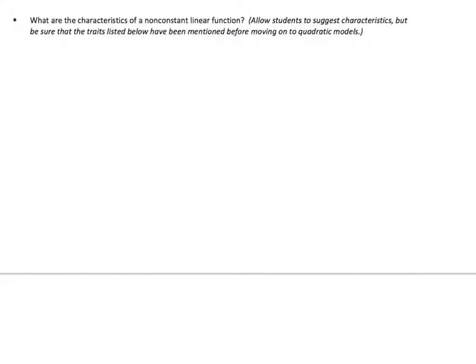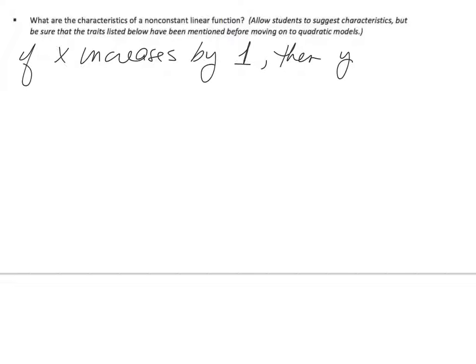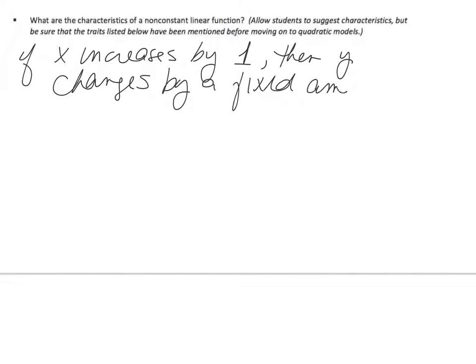So what are the characteristics of a non-constant linear function? So if x increases by 1, then y changes by a fixed amount. That would be that linear function where we have y equals mx plus b.